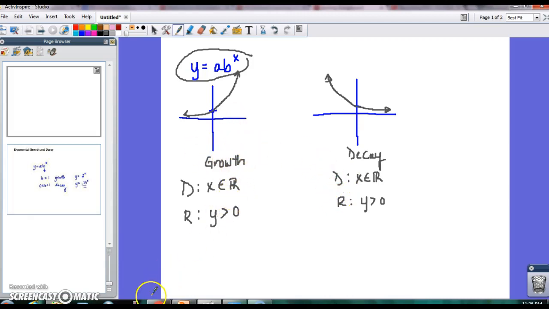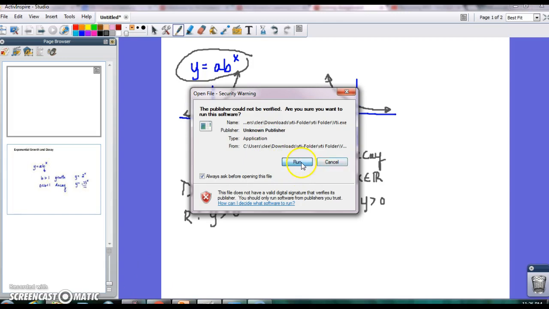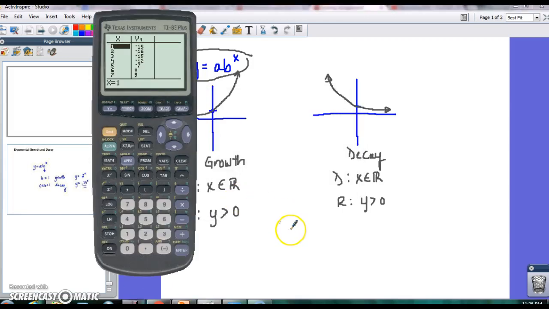Now, what's great about this stuff is you can do it all in the calculator. Let me show you quickly. If you go to y equals, and let's do 1.5, that's going to be exponential growth because that's greater than 1.